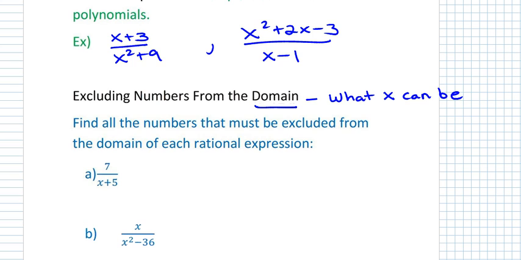In a rational expression, the denominator cannot equal what number? And if you guessed 0, you are correct. So basically, to find numbers that are excluded from the domain, you need to set the denominator equal to 0.